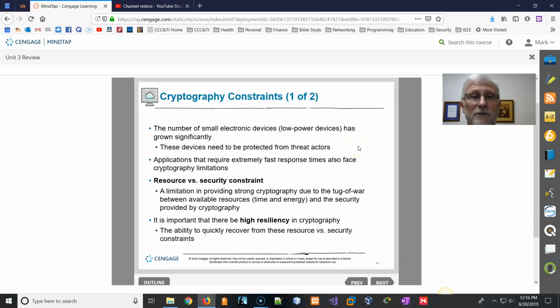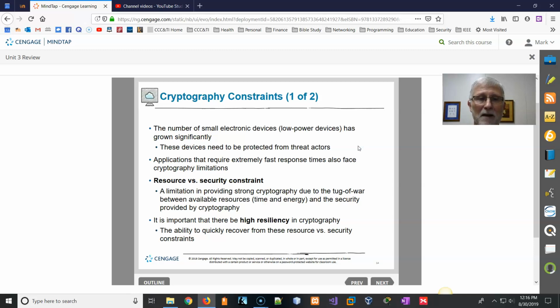Now, there are definitely some constraints to this. One, the number of low-power devices, small electronic devices, has grown significantly, and of course, these devices need to be protected. Also, applications that require extremely fast response time cause problems, or give us a constraint as far as the amount of data we can handle and what security method I'm going to use.